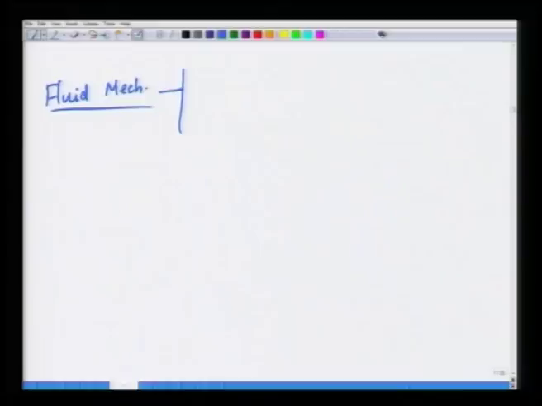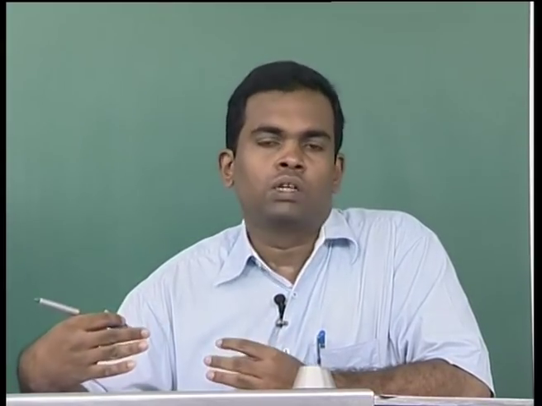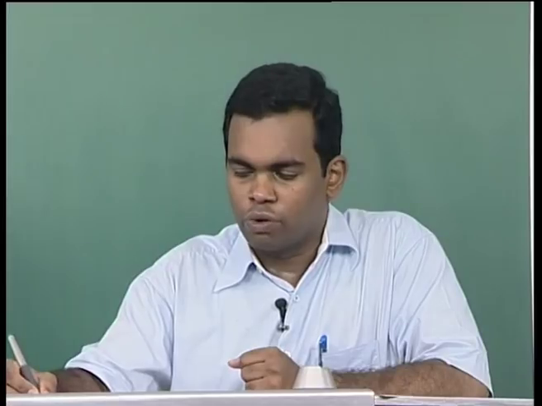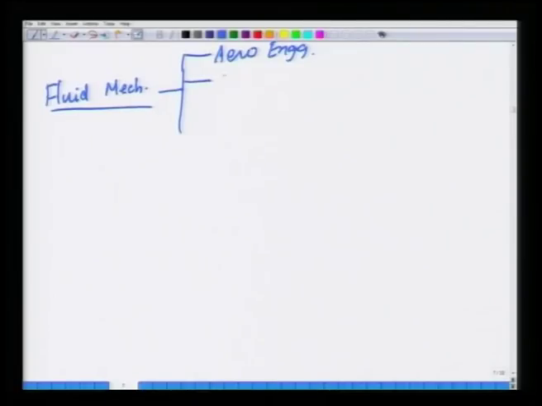So, fluid mechanics is important to aerospace engineering because aerospace engineers are interested in designing airplanes and other flying objects, in which case these objects have to overcome the resisting forces of the fluid.